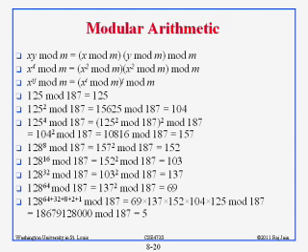And so here is the modular arithmetic. X times y mod m is x mod m times y mod m, whole thing mod m. So when you want to multiply two numbers in mod m arithmetic, you can do the mod first and then the multiplication later. Obviously you could do the multiplication first and the mod later too.